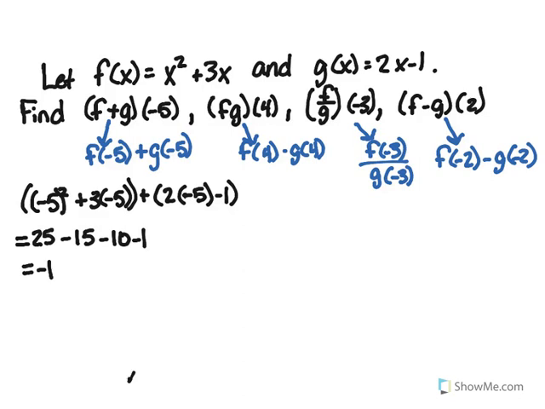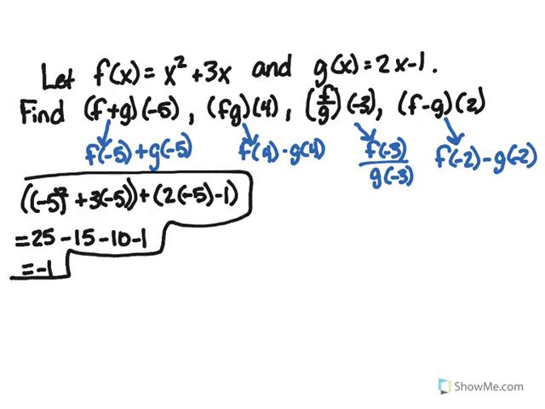Now let's do the next one, which is f times g of 4. I'm going to just write it below. So just make sure you keep track on your paper which one you are on. So we have f of 4, which is going to be 4 squared plus 3 times 4, and it's multiplication.